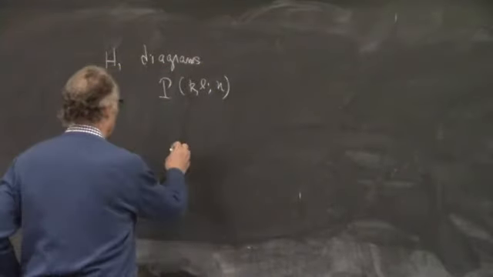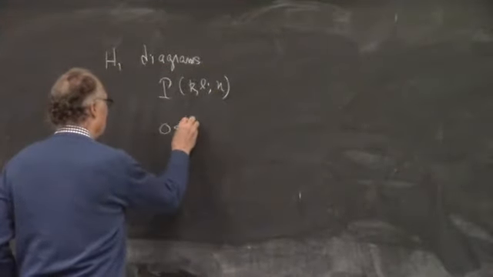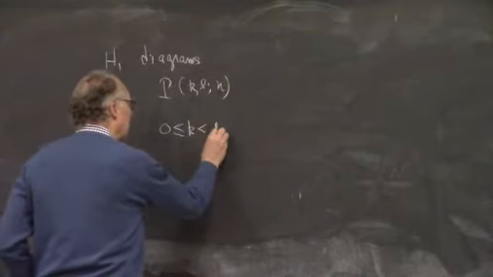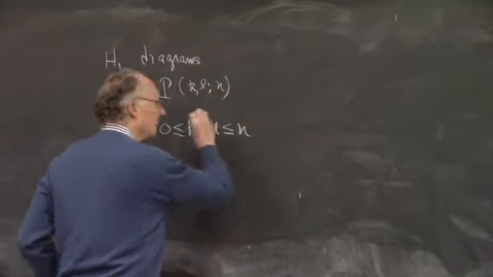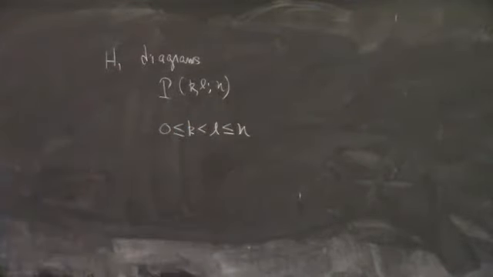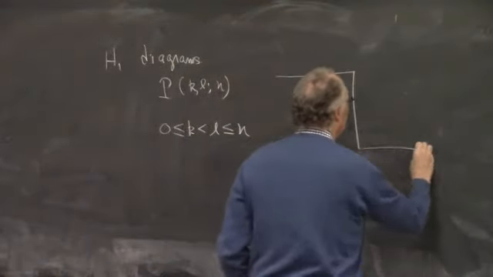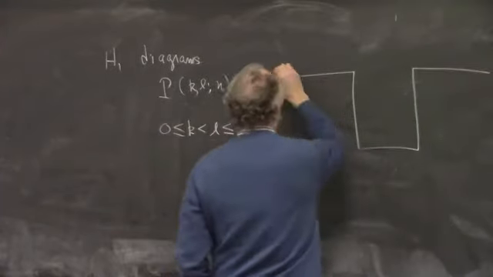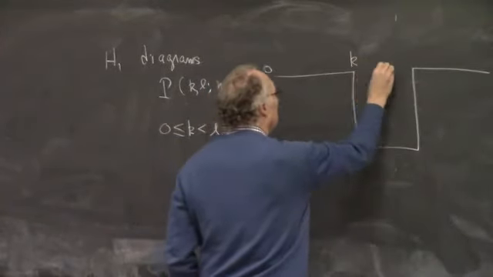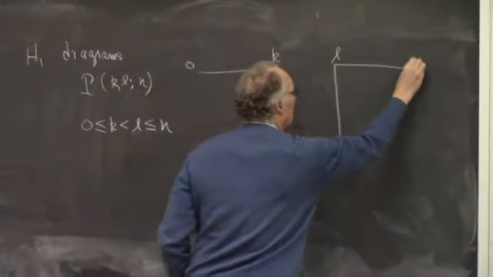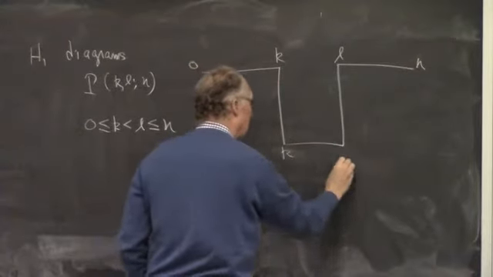And K and L are required to satisfy 0 less than or equal to K, strictly less than L, less than or equal to N. Those are the conditions. And this diagram is the one I drew over there.